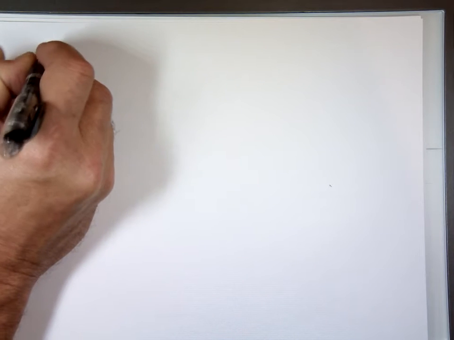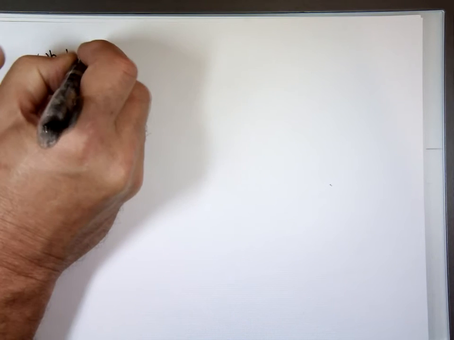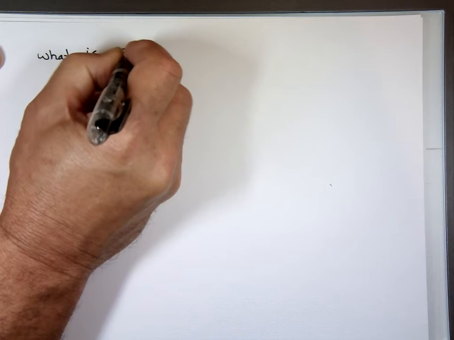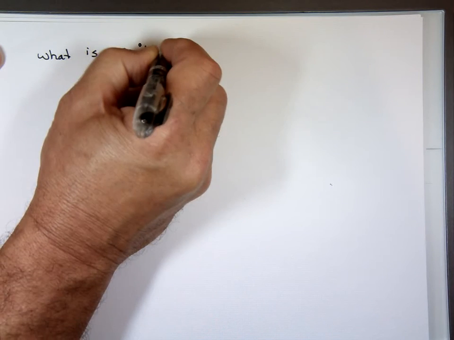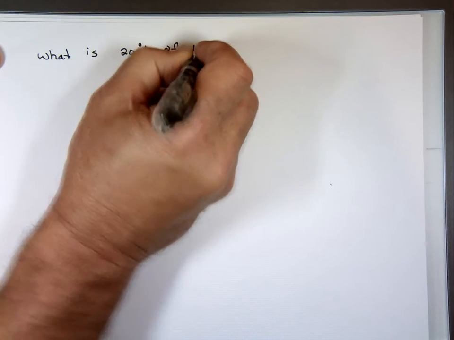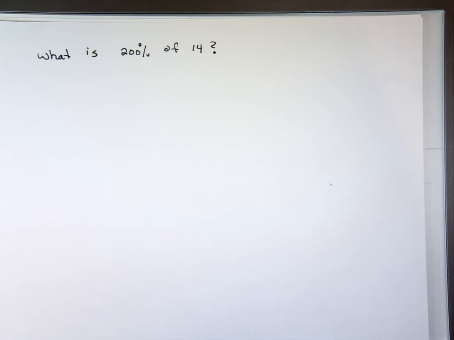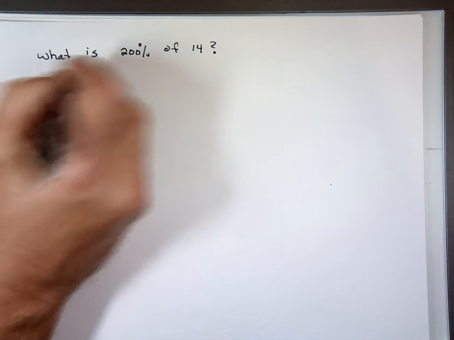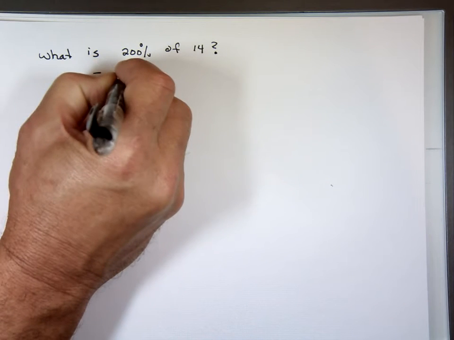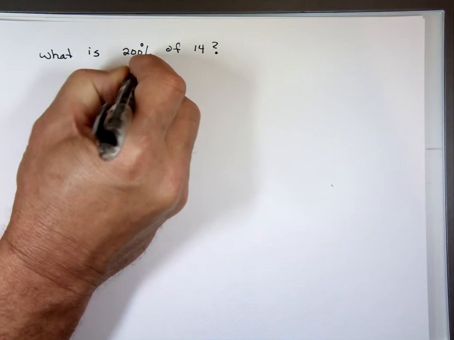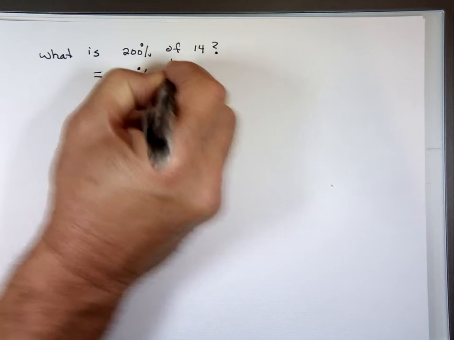What is 200% of 14? Is equal. 200%, of means multiply, and there's the 14.